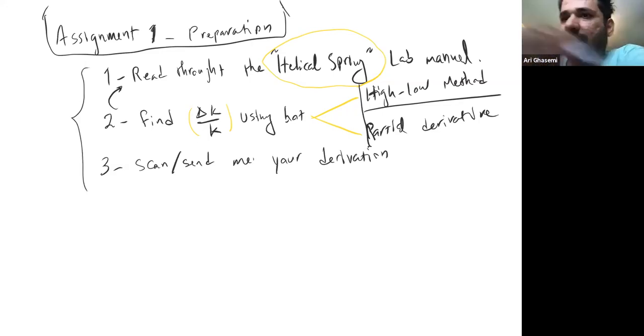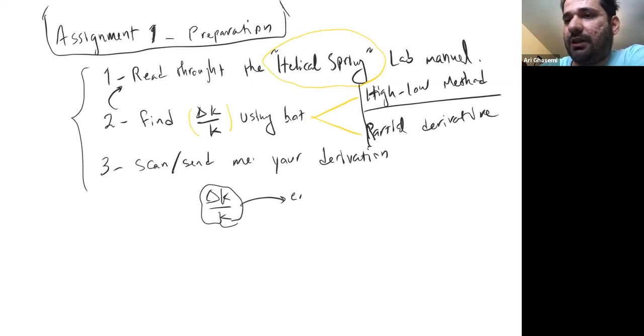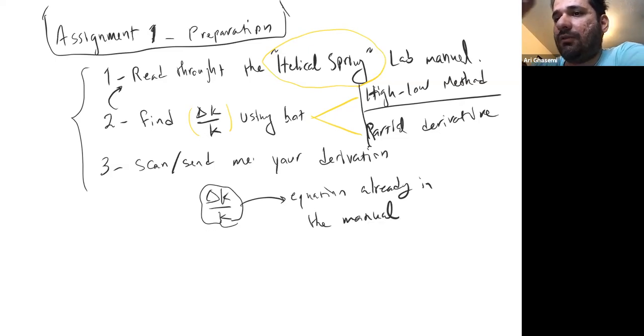For example, for this delta K over K, there is an equation already in the manual. Now look, that equation may or may not be correct.